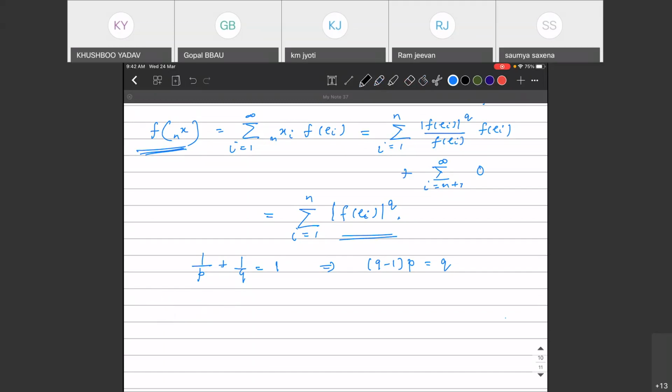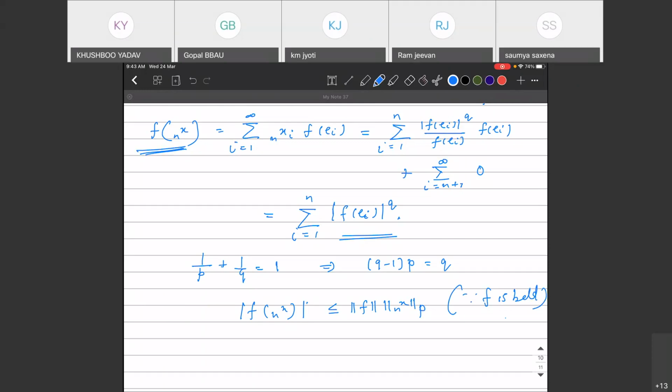So this means mod of f(xn) is less than or equal to norm f times norm xn. Correct? Is it okay? Yes, sir. This is since f is bounded. This comes from boundedness.